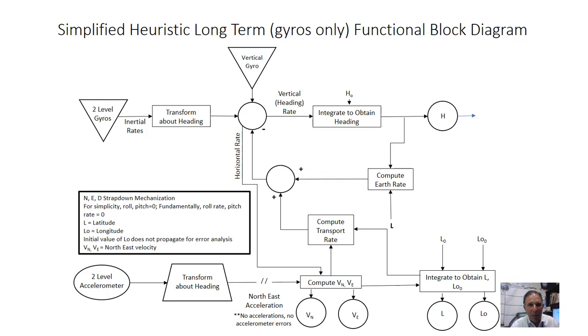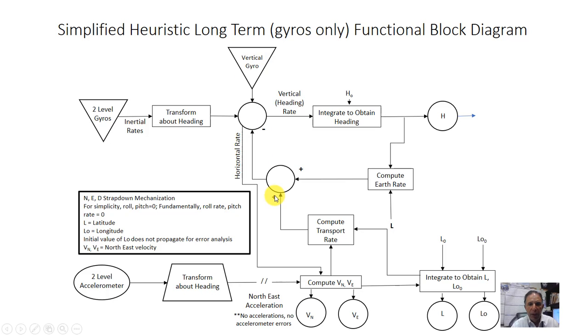Given the previous assumptions and constraints, consider this as a functional block diagram of our process. Our inputs consist of two level gyroscopes, which measure inertial rates, and one vertical gyro, also measuring inertial rates.